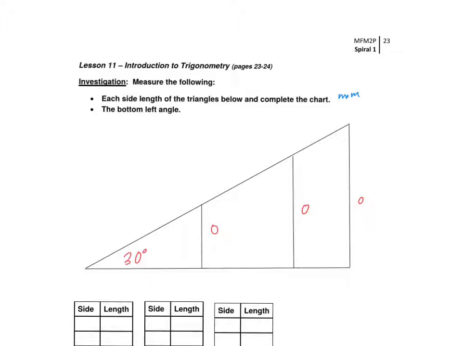You'll also do the same for the side that is adjacent to our triangle.